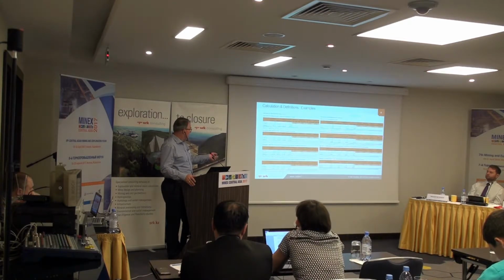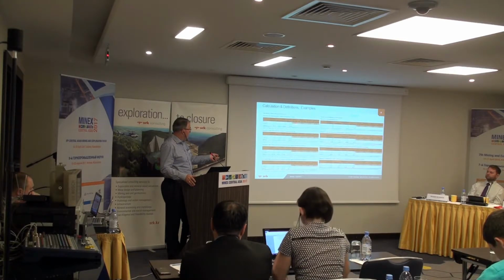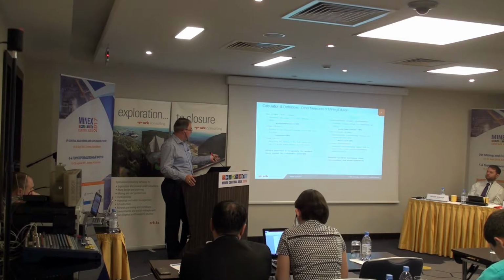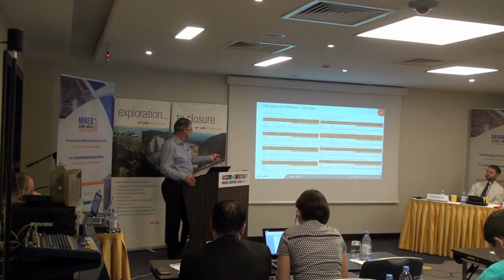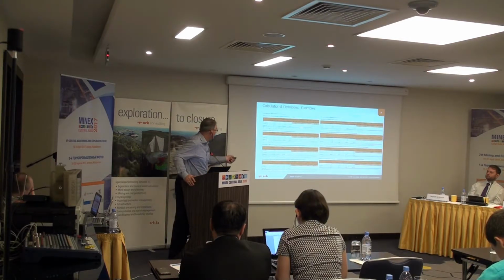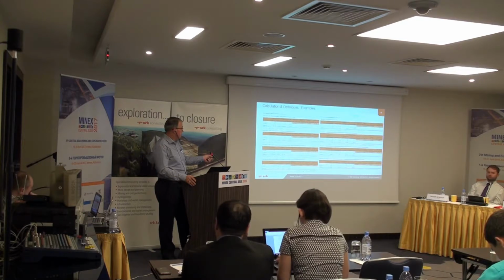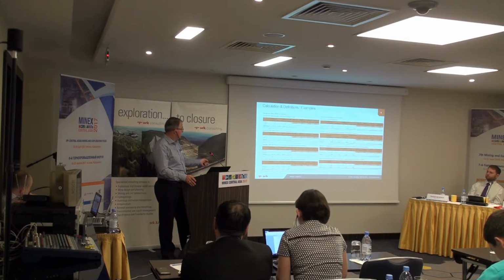And the takeaways are that the estimation of your dilution levels, when calculated by the different methods, is either 10% or 9%. And the recovery levels, whether they're calculated here by a ratio of tonnage, or as a ratio of metal recovered, are the same.